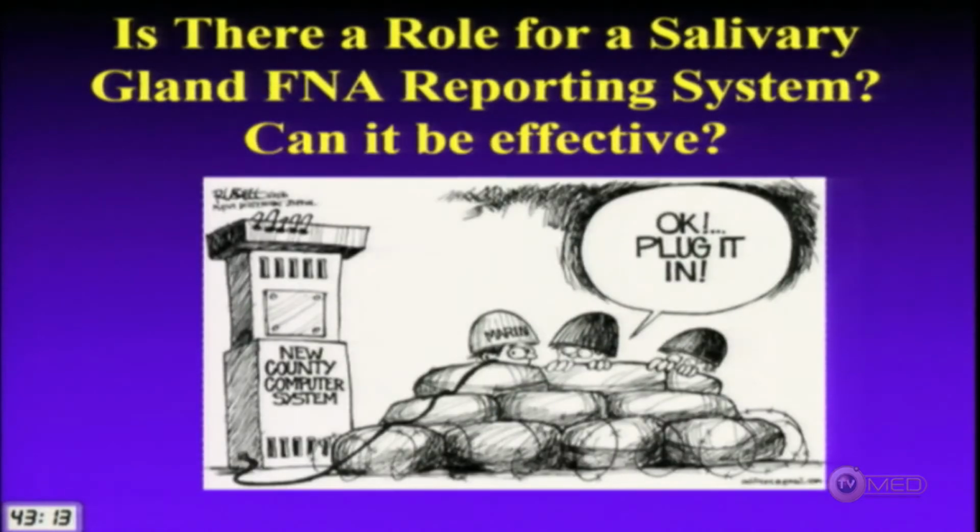And so now we have to ask, is there a role for a salivary gland FNA reporting system, and can it be effective? And I hope that by the time I end this talk that you will shake your head and say, yes, I think that would be appropriate.